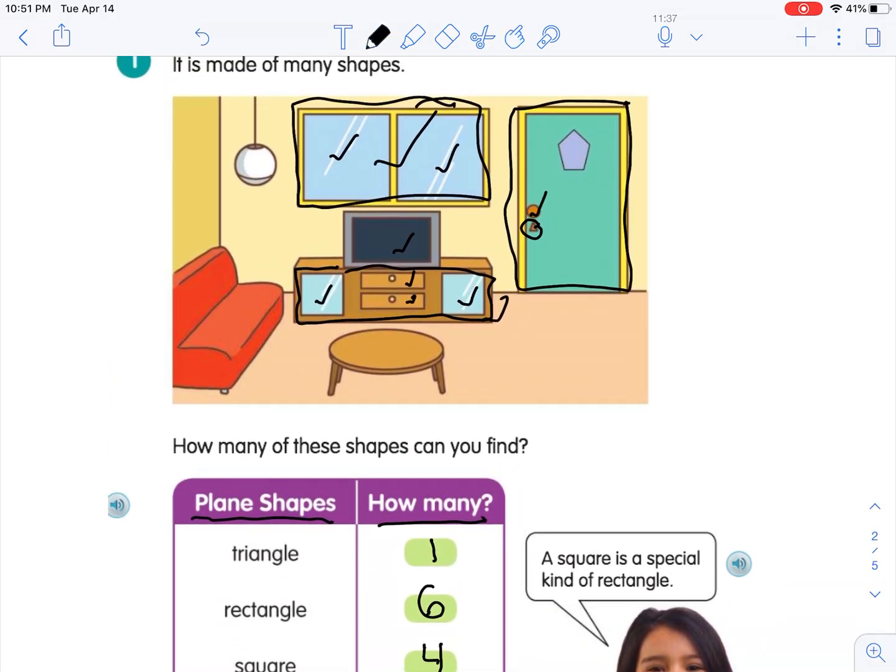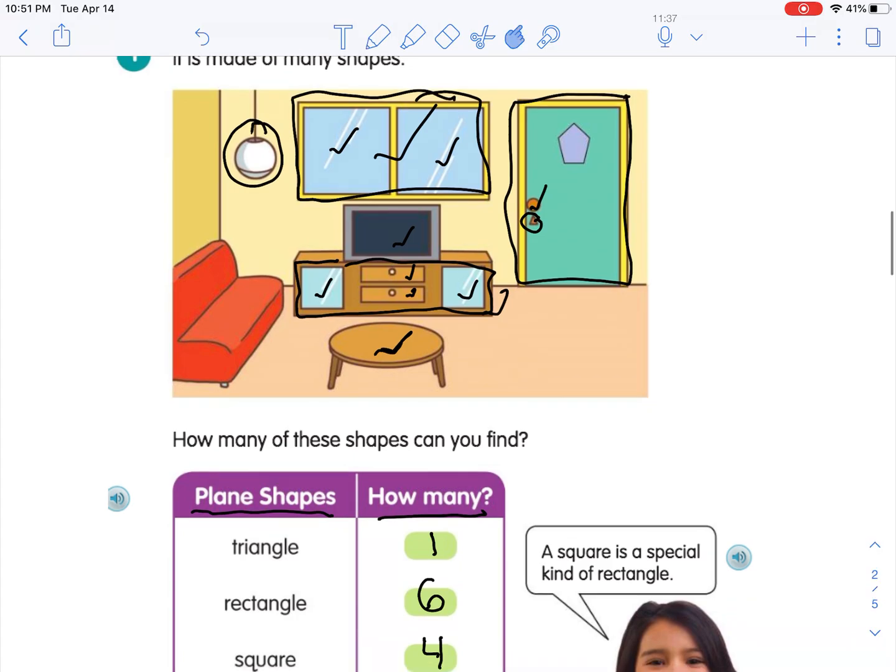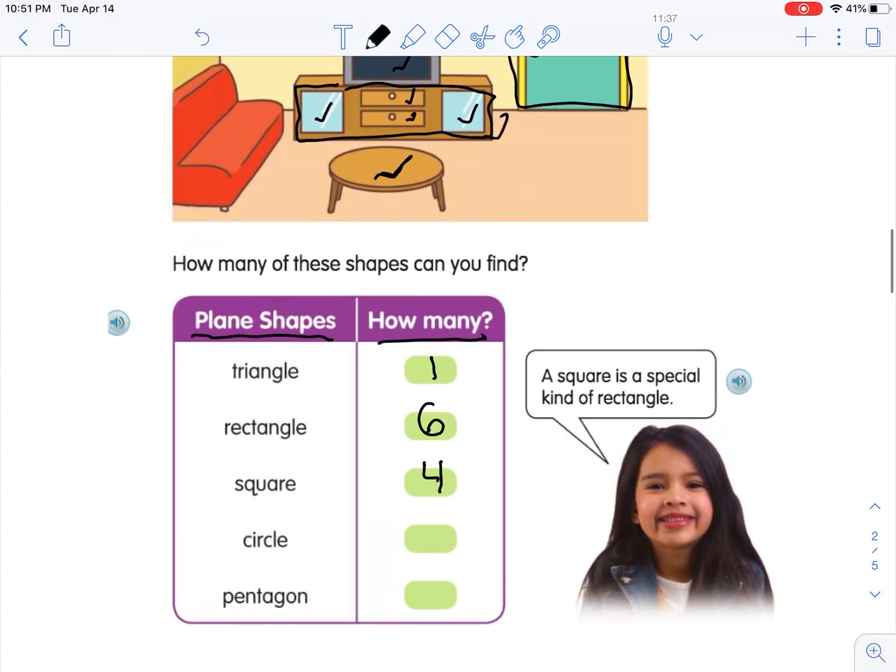Here I see 1 plane shape, 1 circle. The top of this table is a circle. A plane, just the top, is 2. I don't know about this lamp. It looks more sphere shaped to me, more 3D, not as much plane. So I'm going to say I found 2 circles.